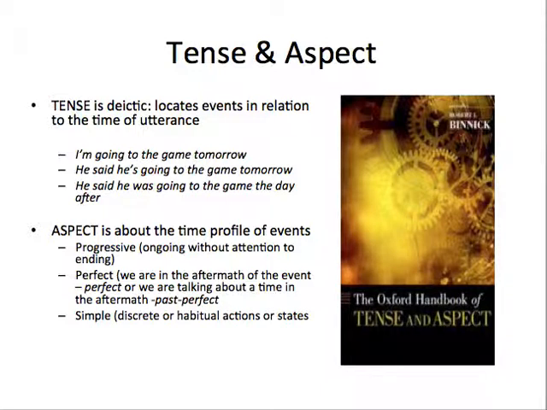Was is indicating past tense. But we also have an element of aspect as grammatically indicated by the ing on the main verb. That is, it makes it into a participle. So in I was watching, we have a mixture of both past tense and the progressive aspect.